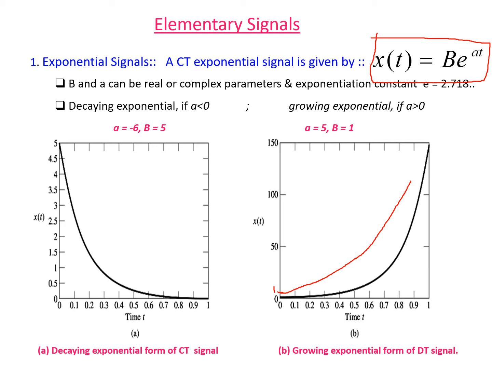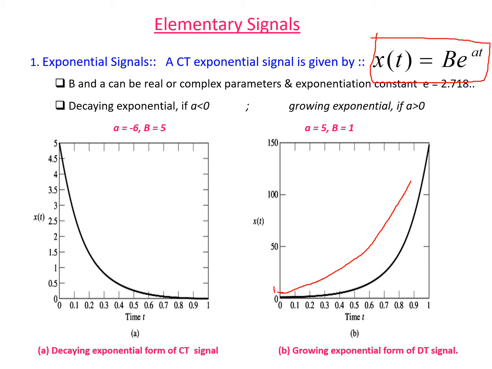So when t is equal to 0, the value is 1. As t increases, the value of x also increases, because b into e to the power of 5t, as t is increasing, the value of x is also increasing. So when t becomes very large, the value of x reaches a very, very high value.